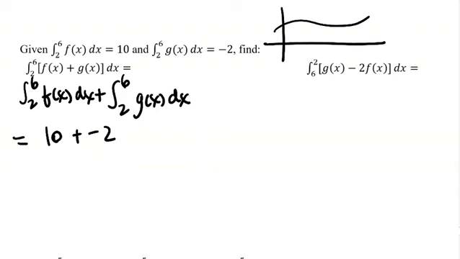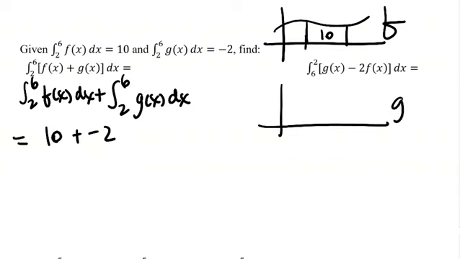Here's f of x, 2 to 6, that was 10. And maybe g of x from 2 to 6. It doesn't really matter, it just gives you something to look at. Okay, 10 plus negative 2 equals 8.